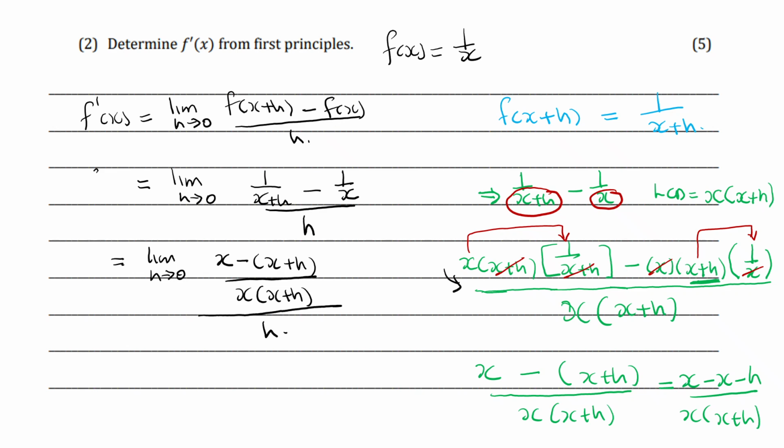So now if we simplify, this will be the limit as h approaches 0. The top part, we know that these 2x will cancel. Just to save time, I'll write this as minus h over x into x plus h, and everything divided by h. So we can simplify this and say this will be the limit as h approaches 0 of minus h over x into x plus h.